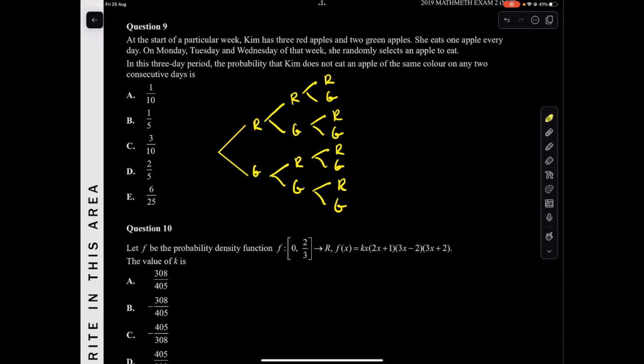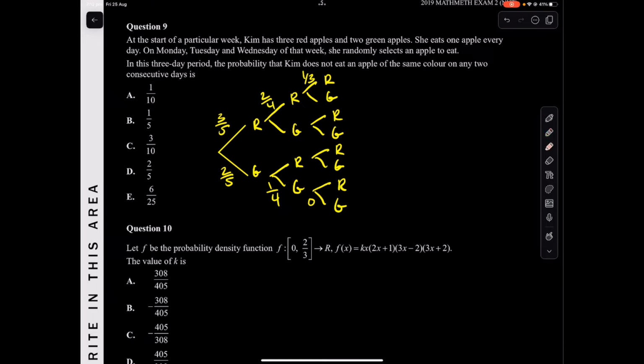So 3 on 5, 2 on 5. And when she eats them, it's without replacement, because she just eats them. So this will be 1 on 4, 0 on 3. So this will be just 0. 2 on 4, 1 on 3.